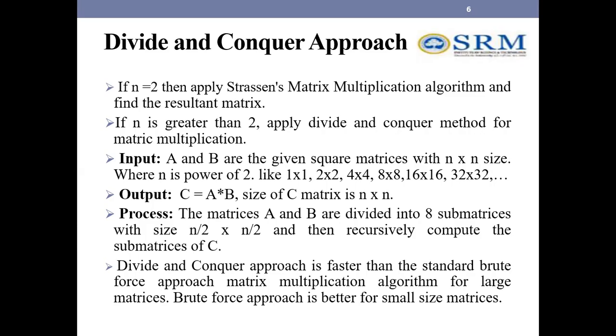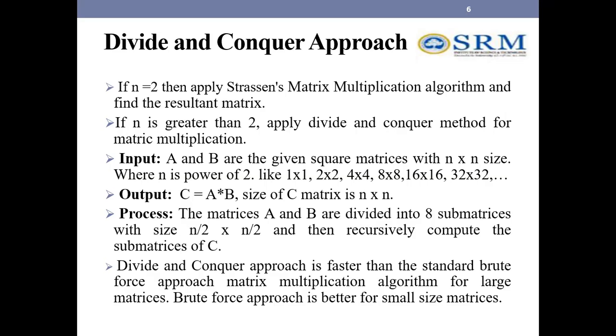So totally there are 8 submatrices in the initial iteration. If n is the size of the matrices, the submatrices will be of size n by 2 into n by 2. Then the process is repeated recursively.